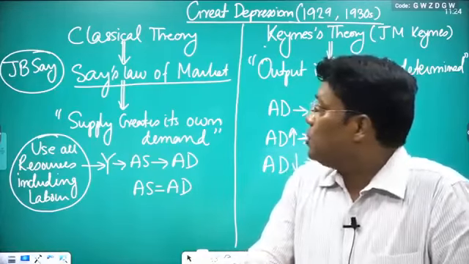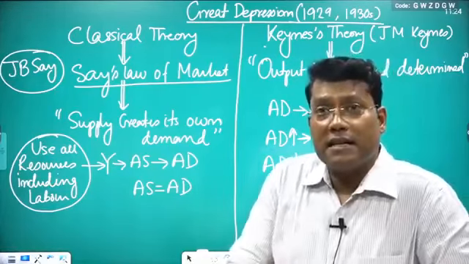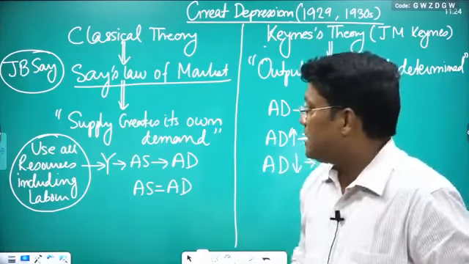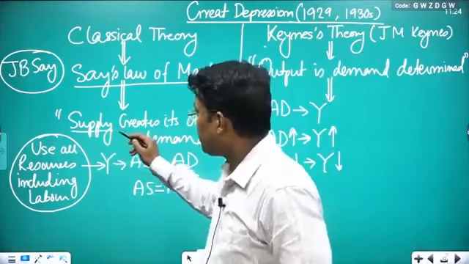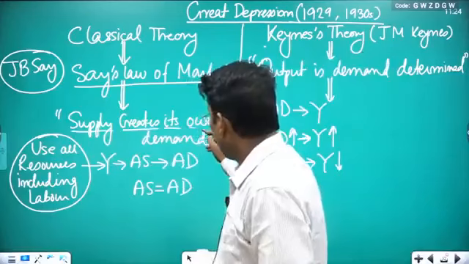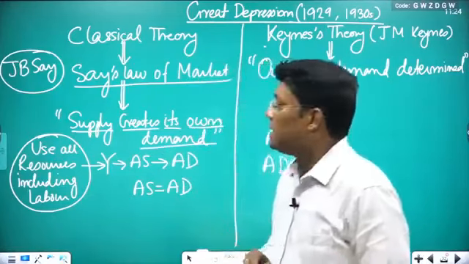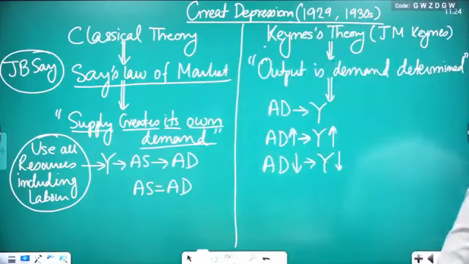Fine. So what does Say's law of market say? Say's law of market says that supply creates its own demand. What is it saying? Supply creates its own demand.